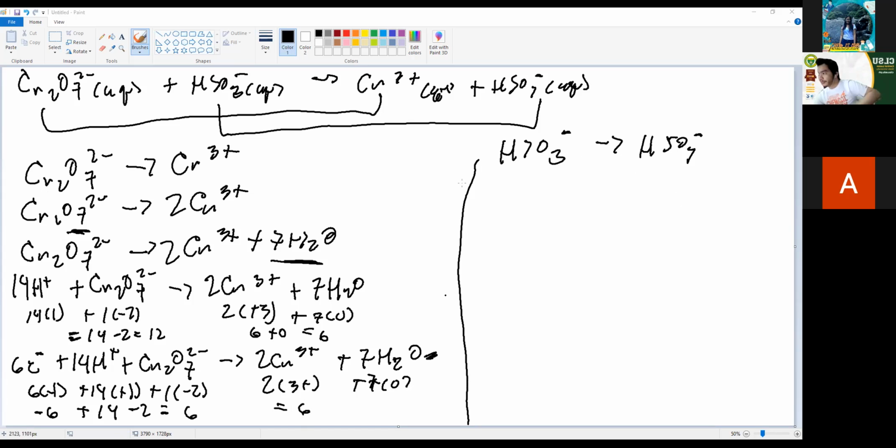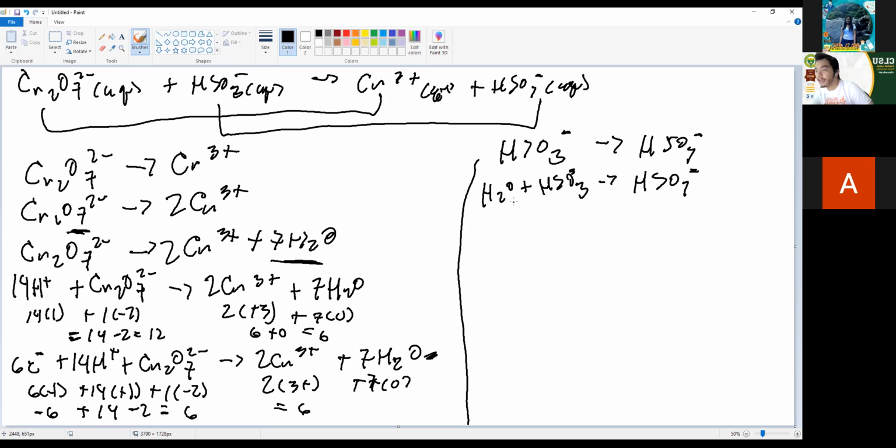And so ang tendency dito, since balance naman na yung sulfur, ang gagawin na natin is mag-a-add na kaagad tayo ng water. So dito 4 yung oxygen, dito 3. So dito tayo mag-a-add sa left side. So water plus HSO3 negative will yield HSO4 negative. So 4 na yung oxygen, isa yung sulfur. Ang mangyari naman, hindi na balance yung hydrogen.